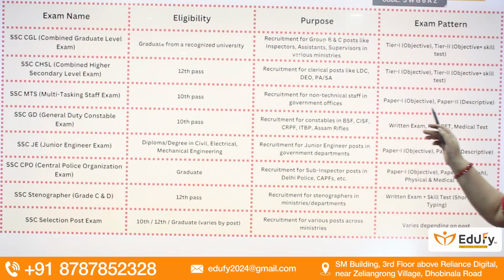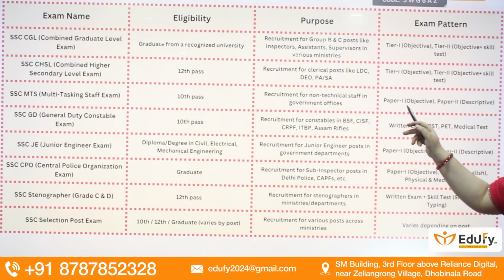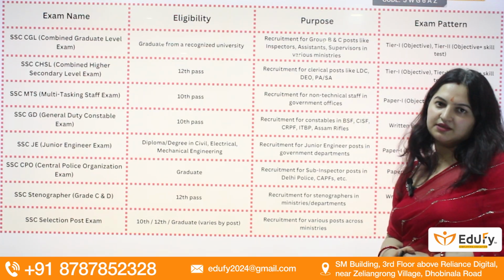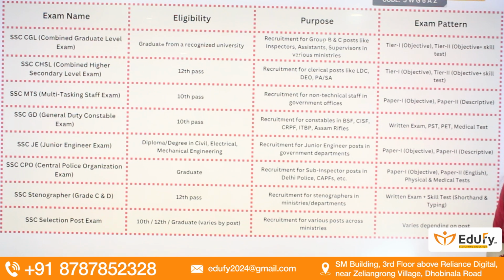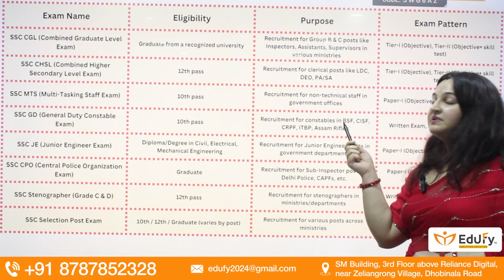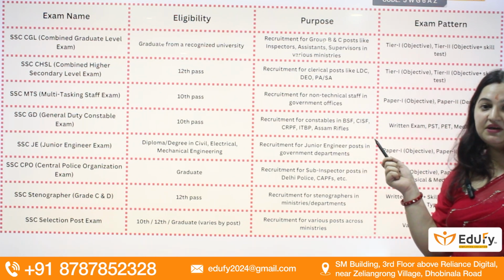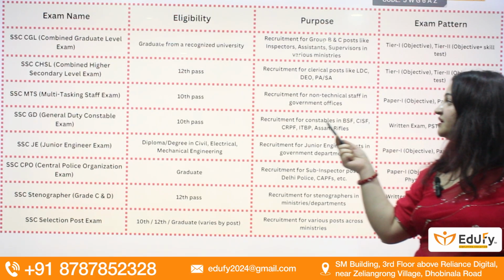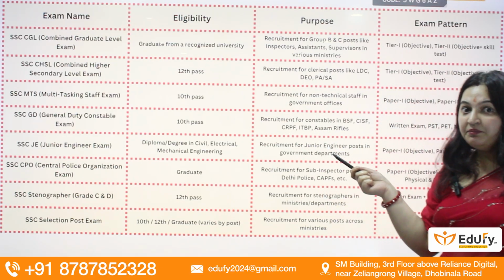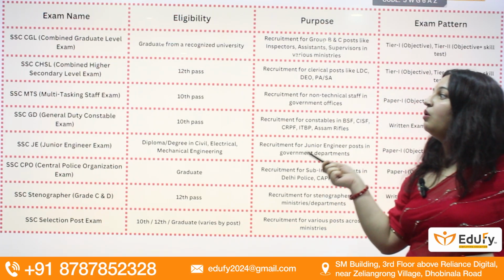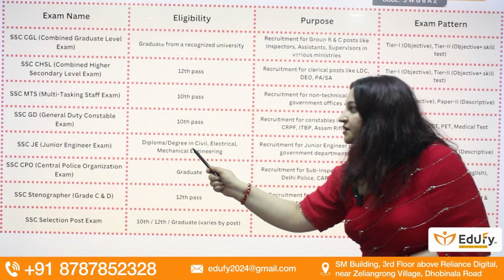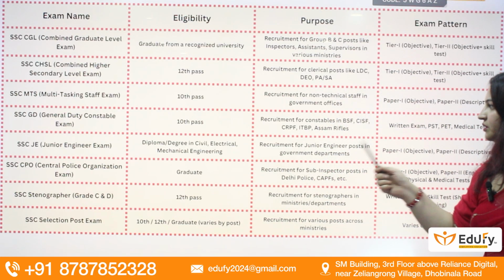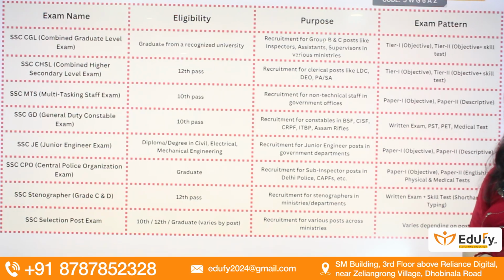Next is the MTS exam. Here there are two papers, one objective and one descriptive. MTS is for non-technical staff. Then the GD exam, the General Duty Constable exam. Here you will be posted as a constable in the BSF and all the CAPF like CISF, CRPF, ITBP and Assam Rifles. Next, in the Junior Engineer exam, you will be a JE in different government departments.